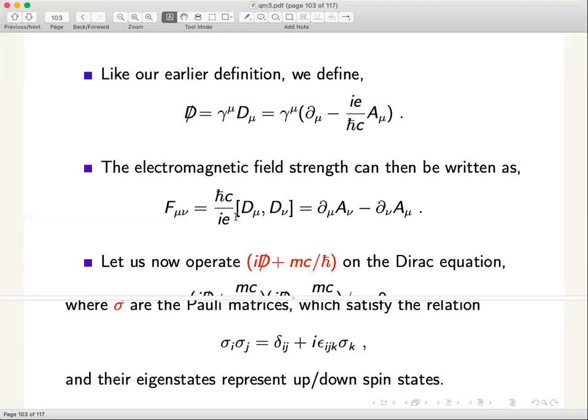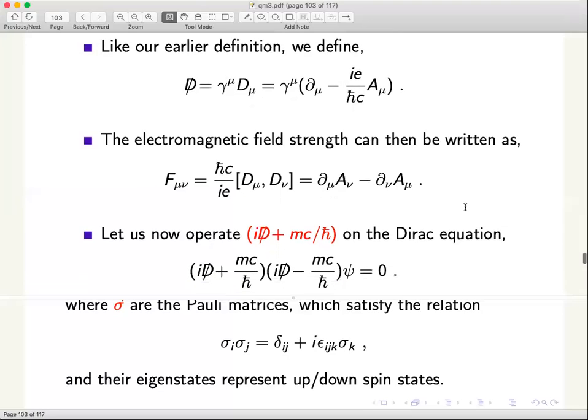This is nothing special about electromagnetism. Even if you study higher rank gauge theories, which is what you will do in a quantum field theory course or a particle physics course, the commutator of covariant derivatives always gives you the field strength of the corresponding gauge theory. Right now this is of course only for electromagnetism.